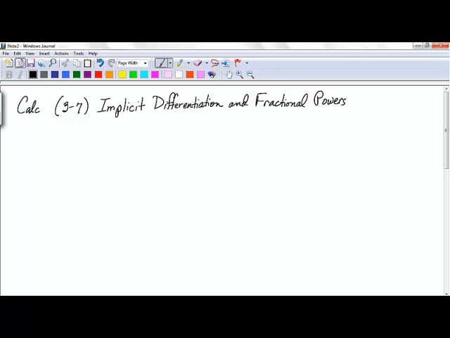First, they want you to look at a graph, and if I had a graph similar to this, and if I had a tangent line at the point (2, 1).